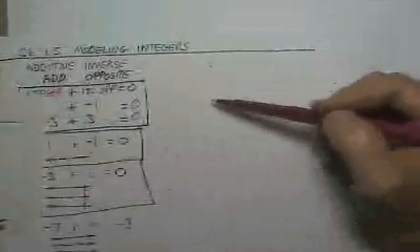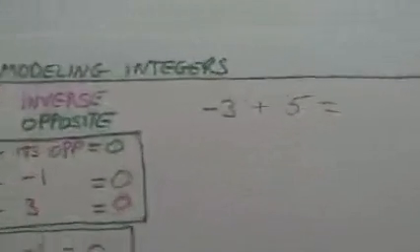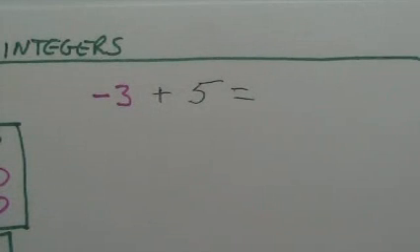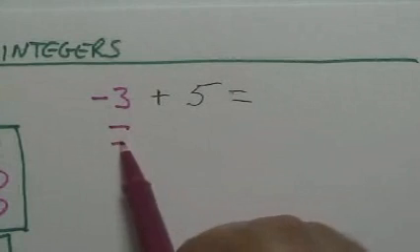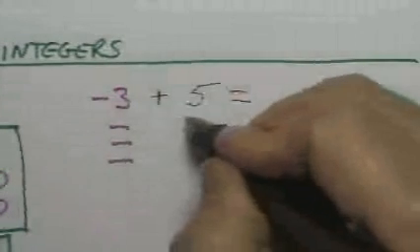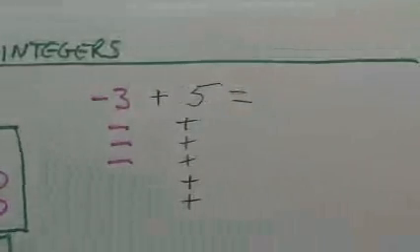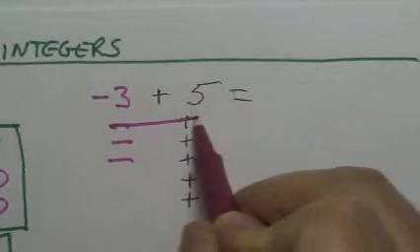I'm going to save some room on my paper at the bottom, so I'm going to go up to the top here. So we have negative 3 and 5. So let's see, that's 3 negatives. 1, 2, 3. And that's 5 positives. 1, 2, 3, 4, 5. Okay, so they pair off. That's 0.